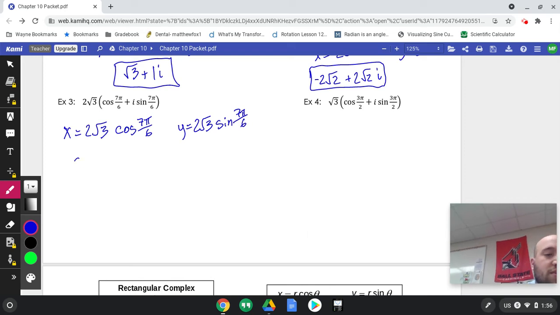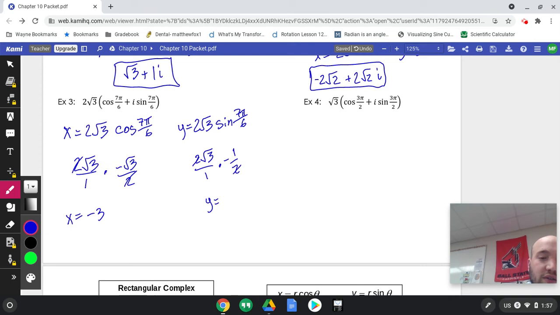All right, so at 7 pi over 6, it is going to be negative square root of 3 over 2 for x, for the cosine. And for the sine or the y, it's going to be negative 1/2. Okay, those 2's will cancel, and that becomes negative 3 for the x.